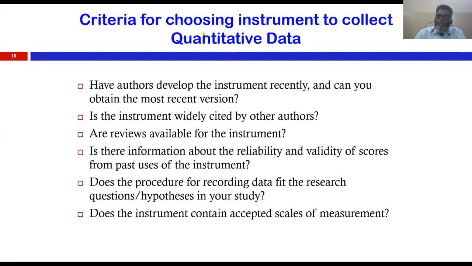Or if you are making a survey, and the survey is viewed by more people, or the instrument that you used is cited by more authors and more reviews are available, that means your paper or your instrument has high value, so that other researchers will try to use it for their own purposes.